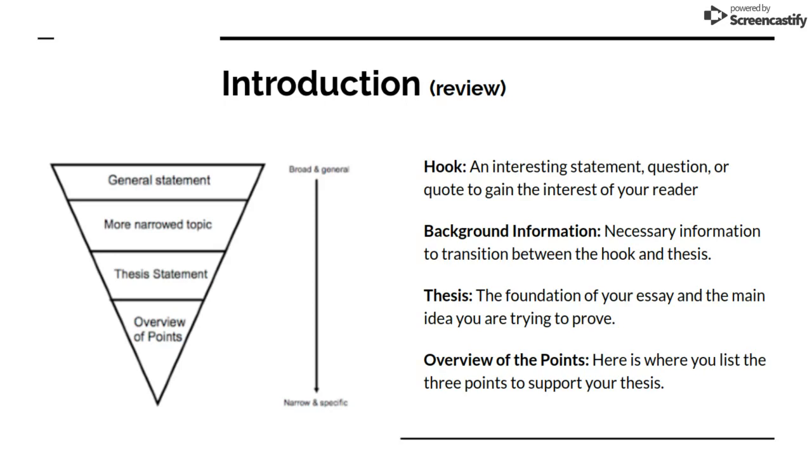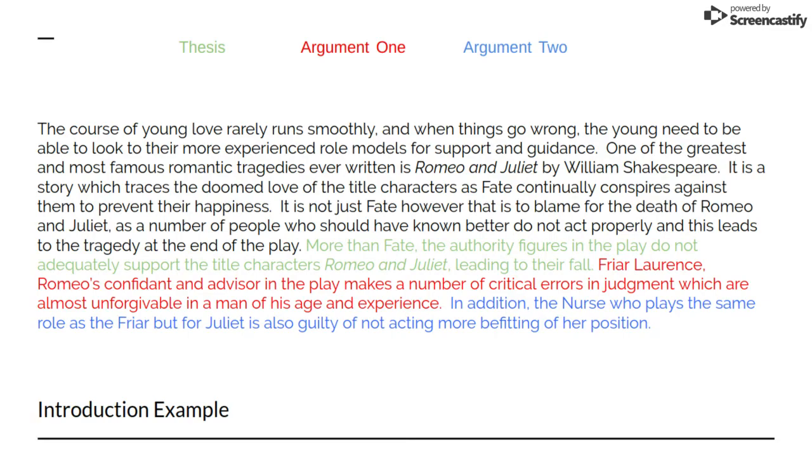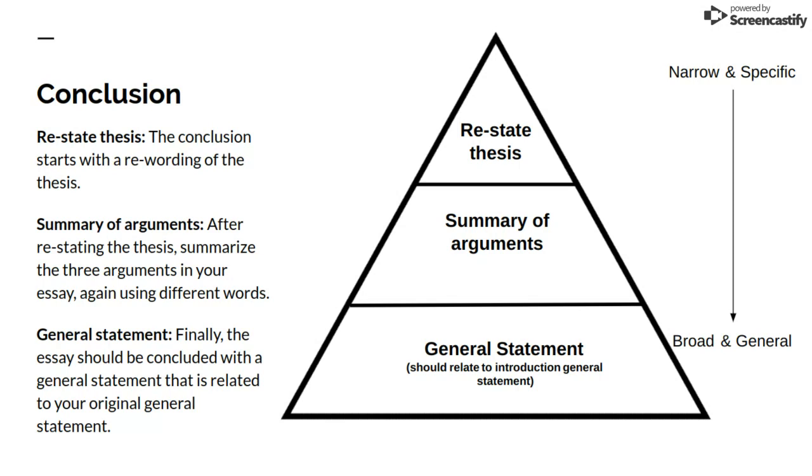Just a review: introduction, argument 1, argument 2, argument 3, and then your conclusion is the other side of the triangle. So, a regular triangle. You're going to start with your thesis statement, summarize your arguments, and then make a general statement, which usually connects back to your hook, similar to our paragraph that we did in Unit 2.